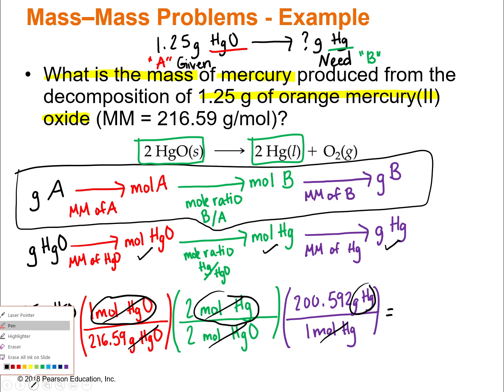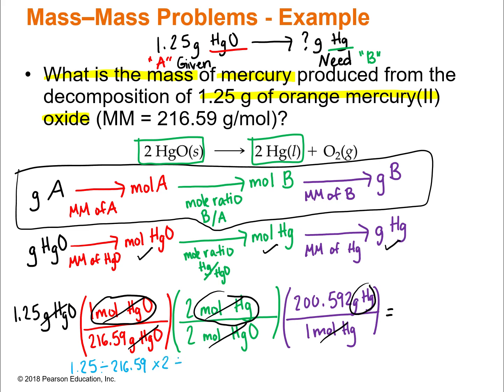When you're typing this into your calculator, it's 1.25 divided by the 216.59, that's the molar mass, multiply by 2, divide by 2, multiply by the molar mass of mercury.